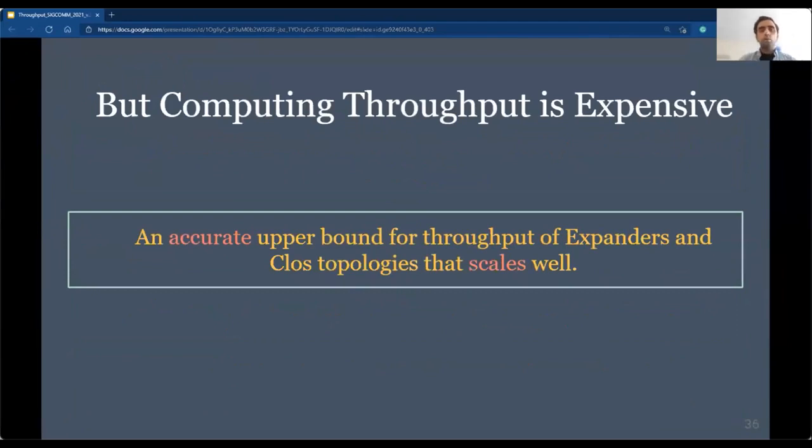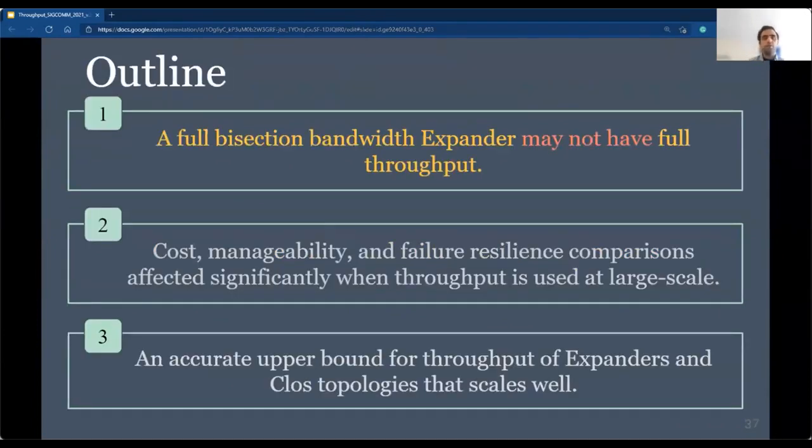What we did is we proved an accurate upper bound for throughput of expanders and Clos topologies that scales to available commercial data center sizes and well beyond that. In the interest of time, I only focus on the first contribution, and for the rest, I refer you to the longer version of the talk.